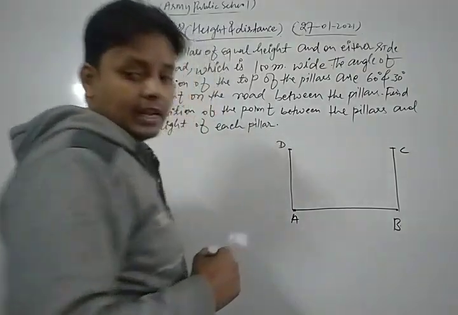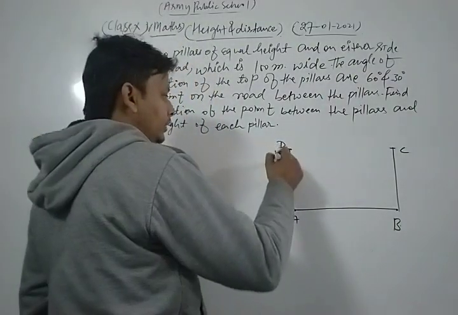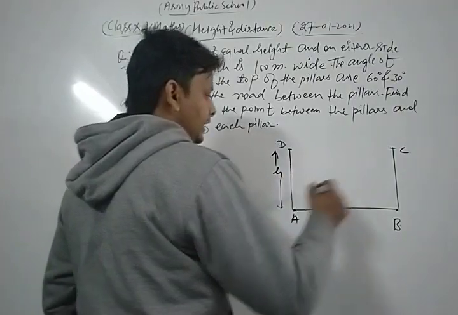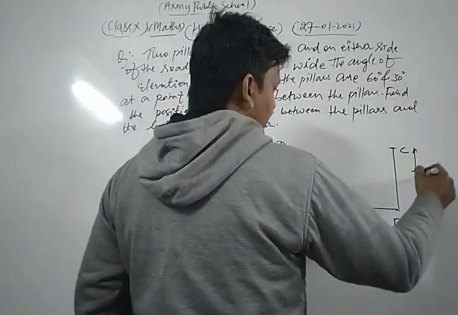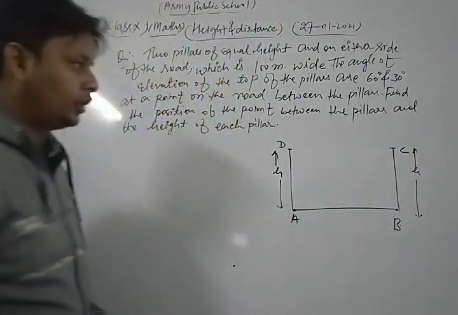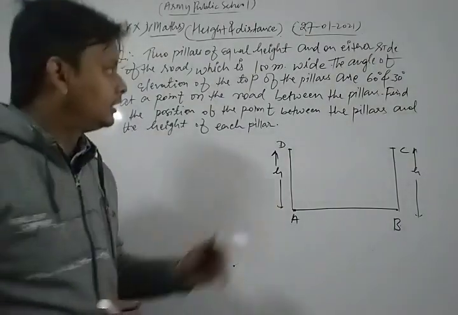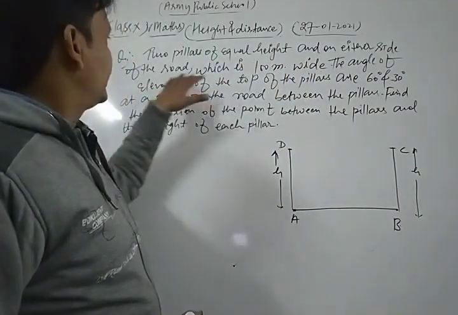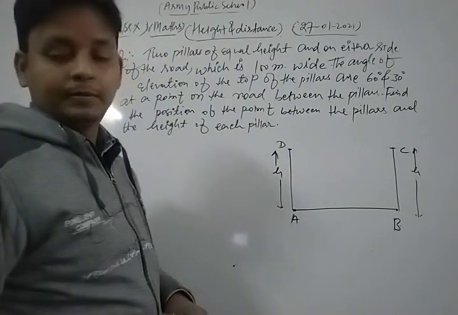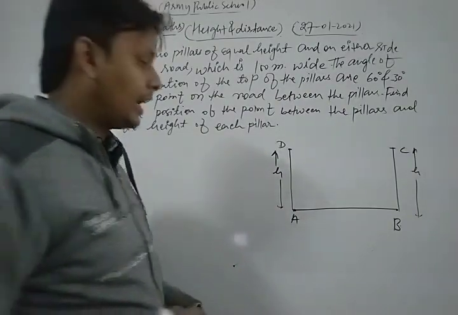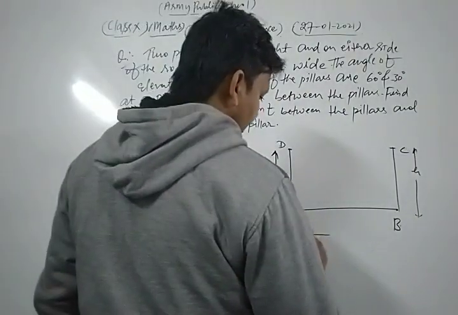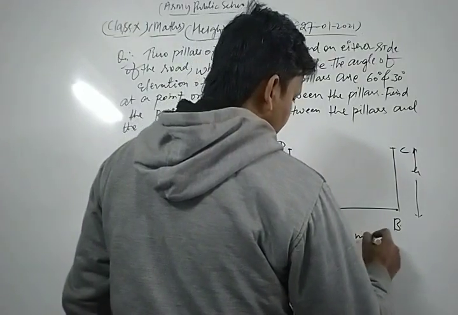Let us take the equal height of both pillars as H. The road is 100 meter wide, which means the distance AB is 100 meter.